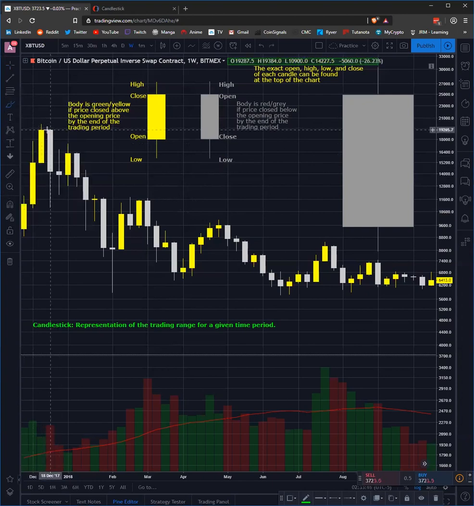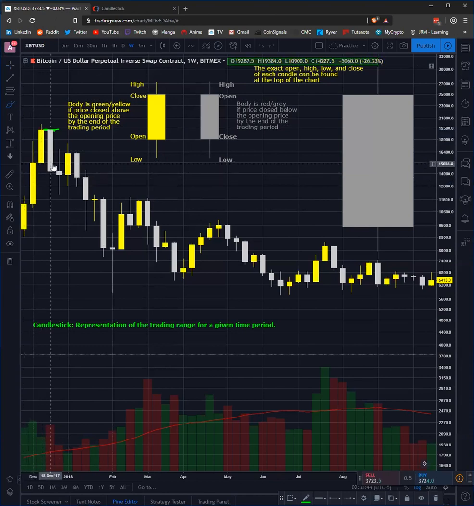So you have the high, which also happens to be the open of this candle. There's not always going to be a wick. If price starts at this price level and then drops and never comes back up by the end of that 7 days, for the weekly, then you won't have a wick at the top. But price did travel all the way down to this level, and by the end of that 7 days, it was at this level where it closed.